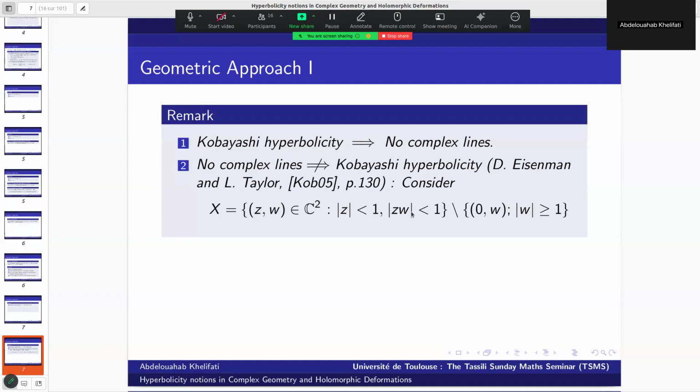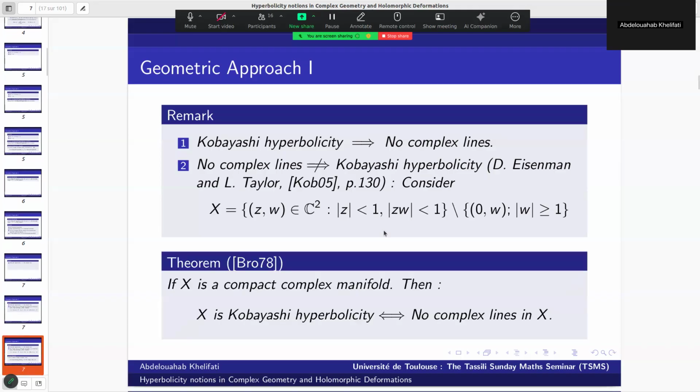One can show by hand, using projections to either the first or the second coordinate of this manifold and composing with the functions that take z and w to the coordinates z and zw, that one can construct a path using some parameter epsilon, and prove that the distance between two points in this X can be 0, even though the two points are different. So in general, it doesn't work.